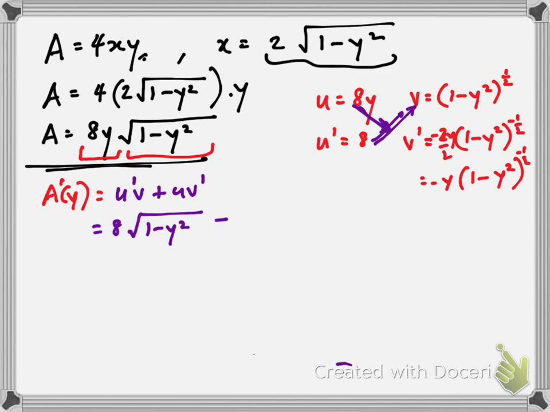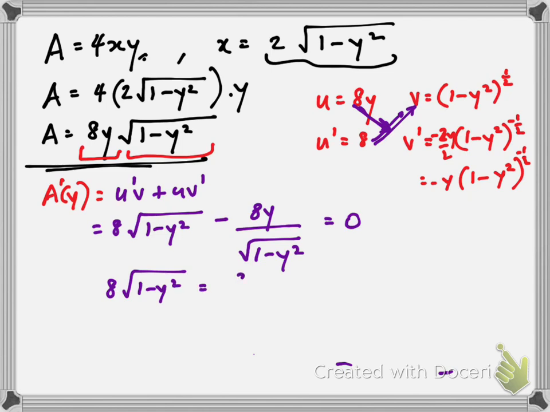Minus 8y over square root of 1 minus y squared. All right, cool. And you equate that to 0, and then you can just take one of them to the other side, and you end up with 8 square root of 1 minus y squared equals 8y over square root of 1 minus y squared.